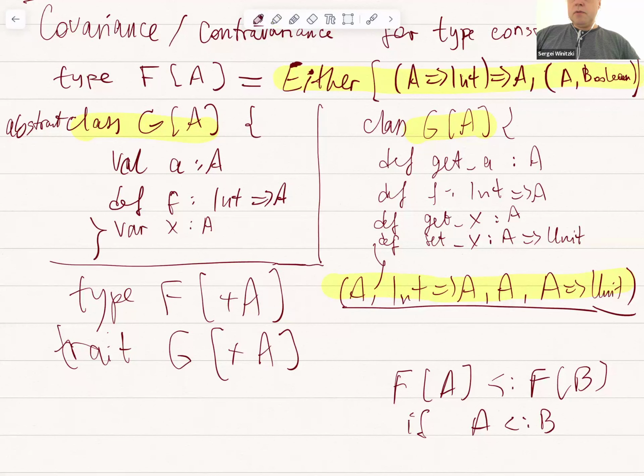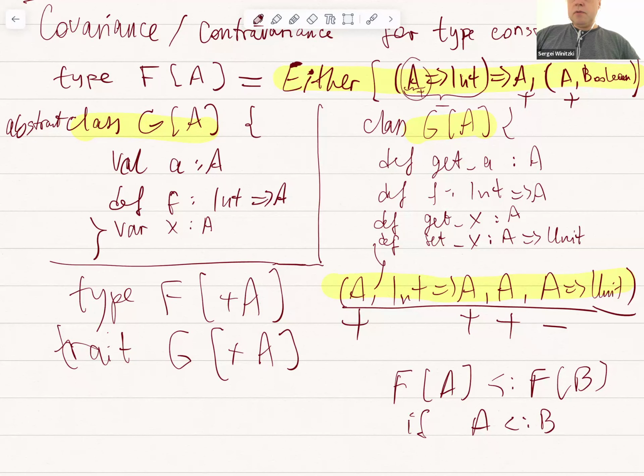So this is a positive position, this is a positive position, positive position, this is a negative position, this is a positive position, positive. So this entire thing is a negative position, and inside it, A is in a negative position, but negative with negative become positive. So actually this A here is in the positive position.